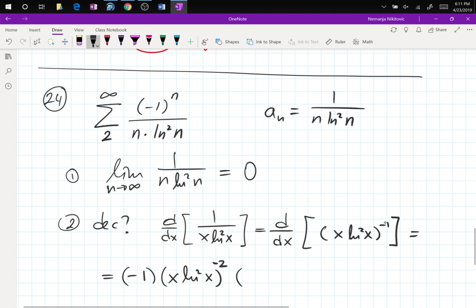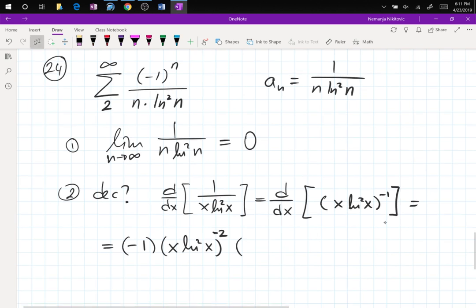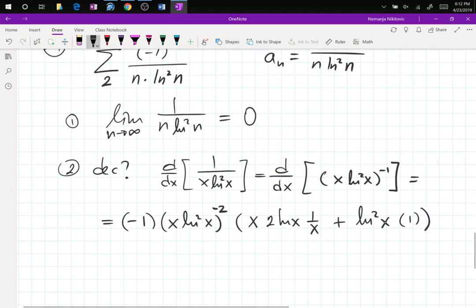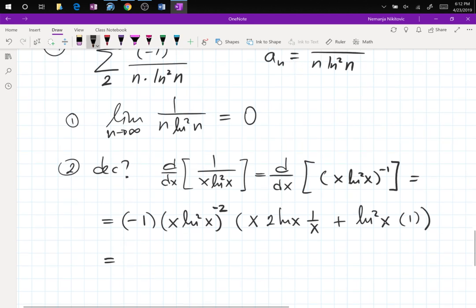And now the derivative of the inside: copy the first, which is x. The derivative of the second is 2 ln x times the derivative of ln x, plus copy the second, times the derivative of the first, which is just 1. So a little bit convoluted there, but it works out.